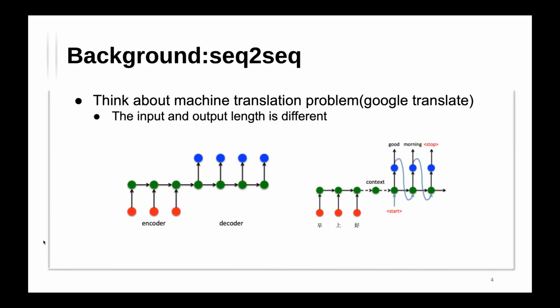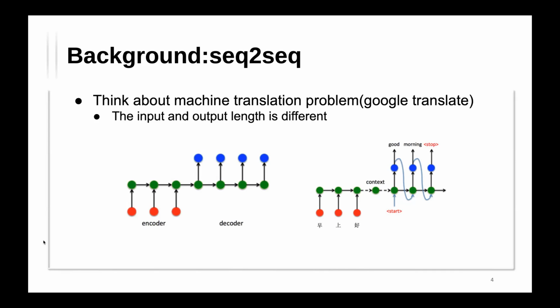Then the decoder takes in this context vector, which contains the information from the input sequence, and iteratively outputs, for example, the probability for some words, until you see a stop sign.